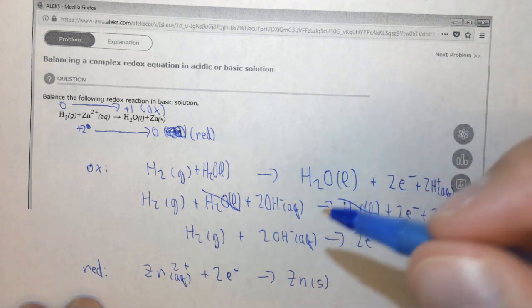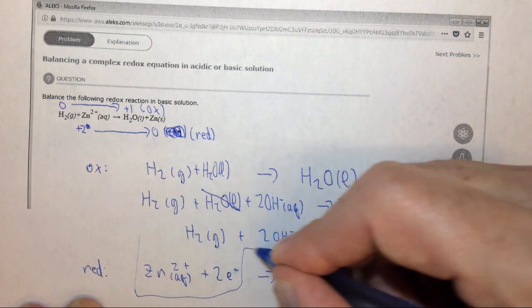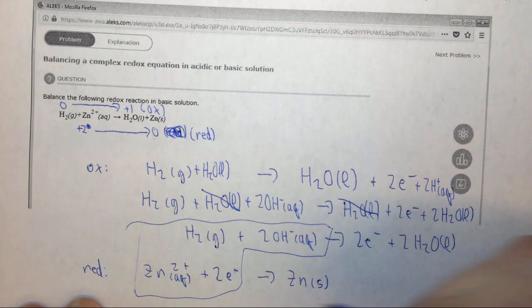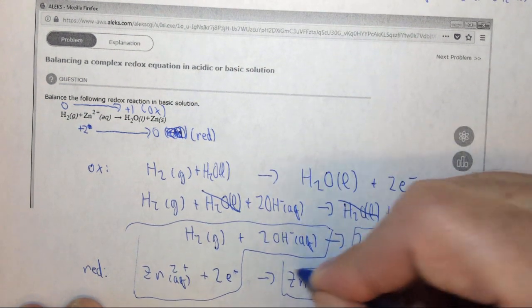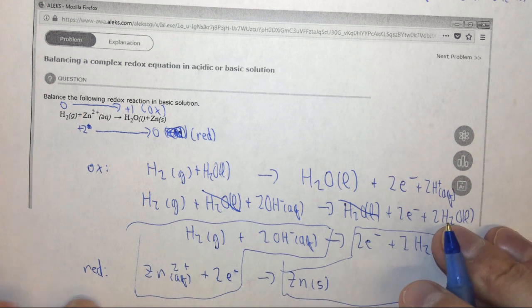We can now add these together. Remember, to add the reactions together, you take everything on the reactant side, and you form everything on the product side.